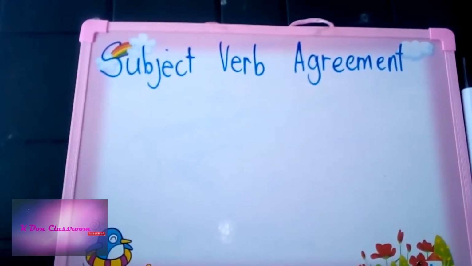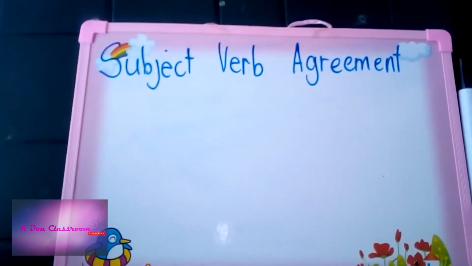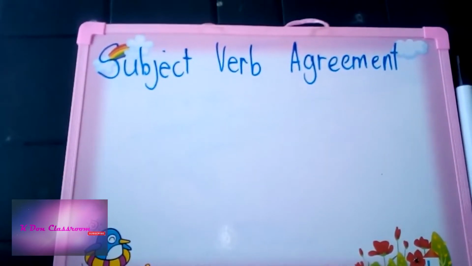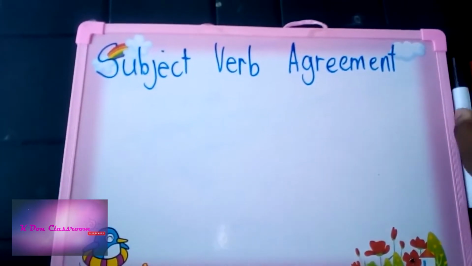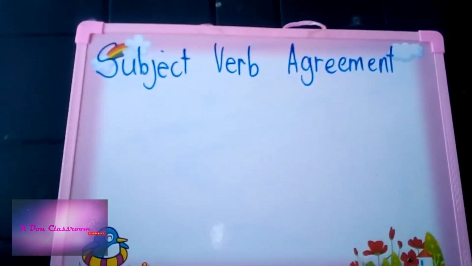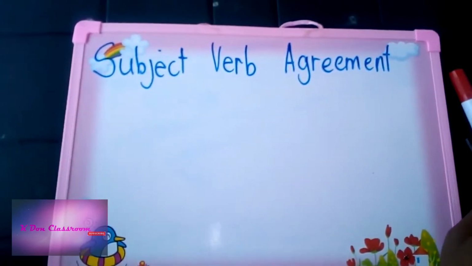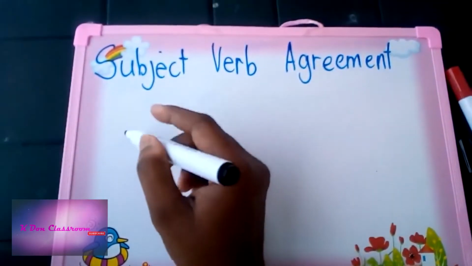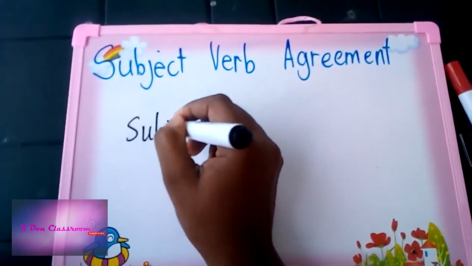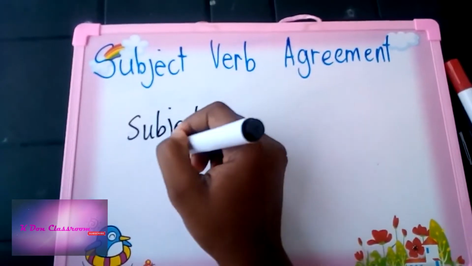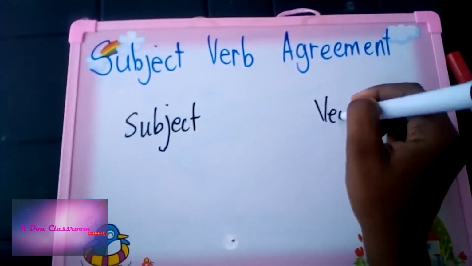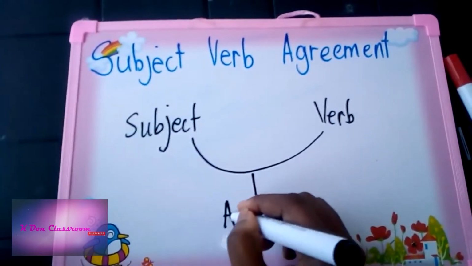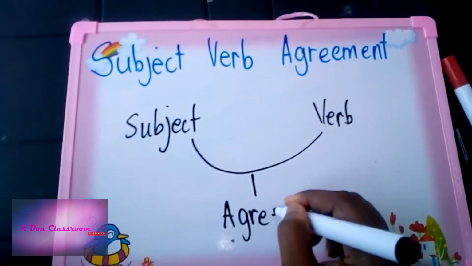Welcome back. Today we are going to look at subject-verb agreement. Subject-verb agreement. What is this? Now, simple subject-verb agreement is basically when your subject and your verb both agree within a sentence.